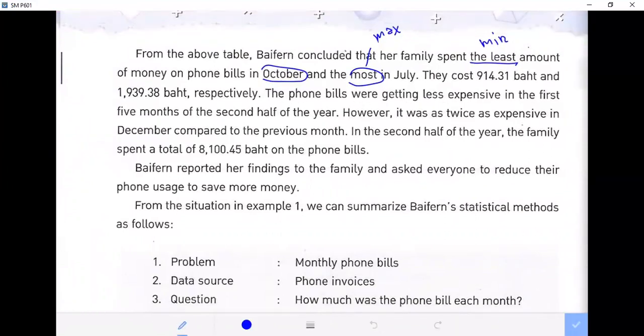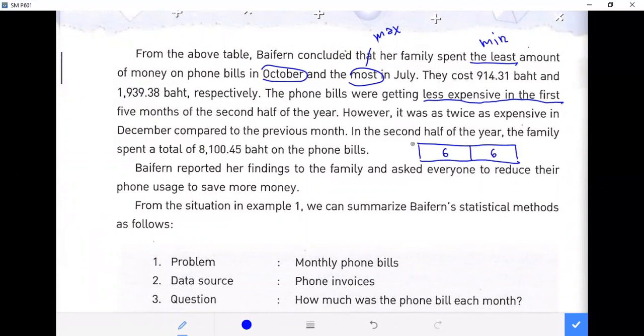The phone bills were getting less expensive in the first 5 months of the second half of the year. So she says, you know, in a year, you have the first 6 months and the second 6 months, right?